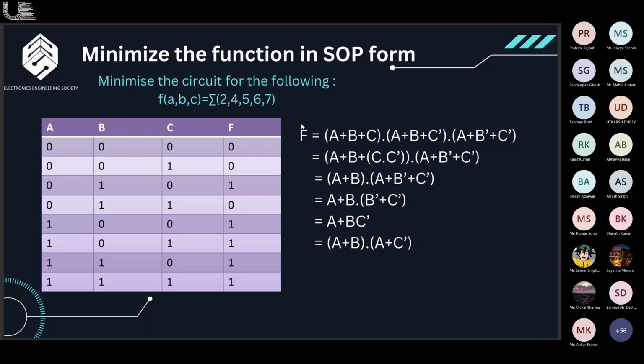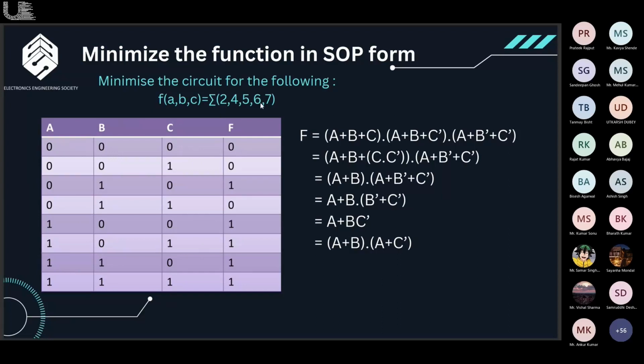And second, we can see that the numbers given in the brackets denote the equivalent input. For example, 2, 4, 5, 6, 7: we convert 2 into binary, that would be 010. Similarly for 4 it would be 100, for 5 101, for 6 110 and for 7 111.